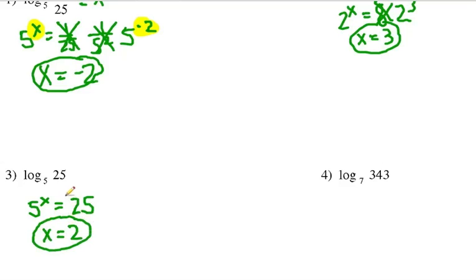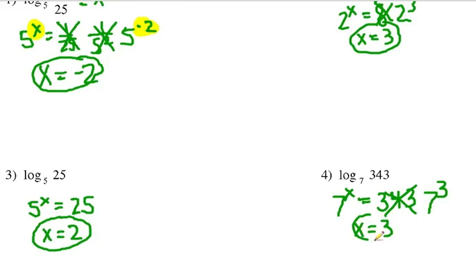We'll use the change of base formula on that coming up. Log base 7 of 343. So 7 to the what power is 343. Well, we remember that, or at least we can figure out, that 343 is 7 to the third power, so x must be 3.